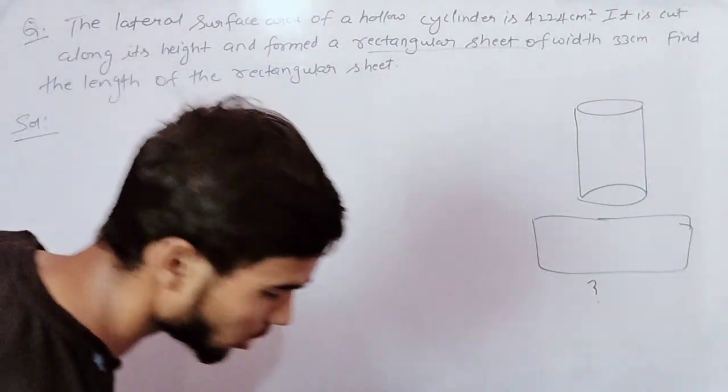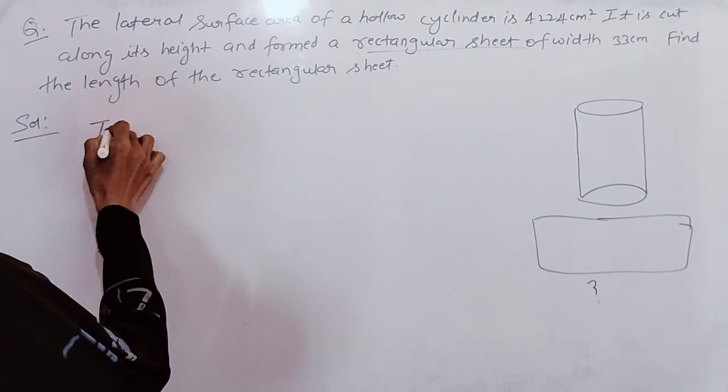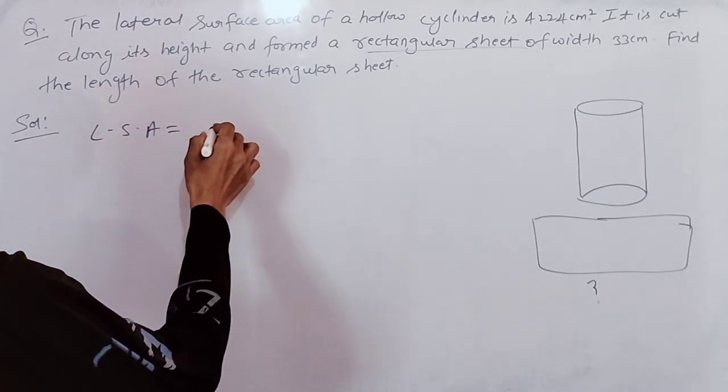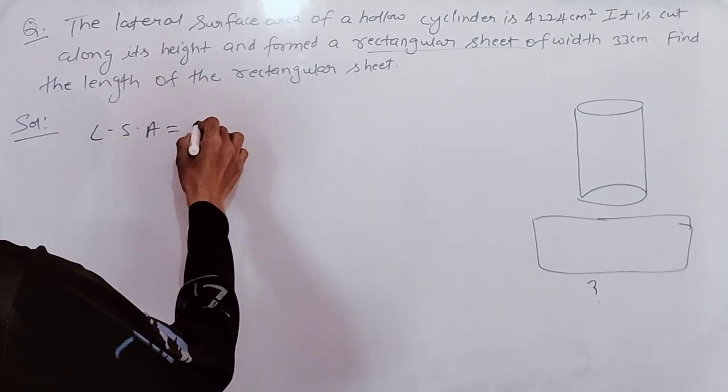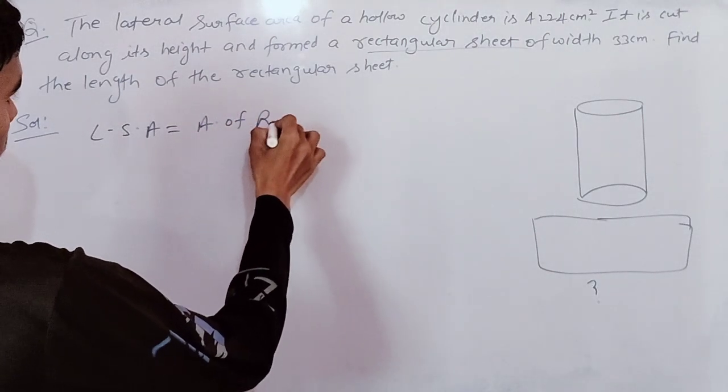Here, as we know, total lateral surface area is equal to the area of a rectangle.